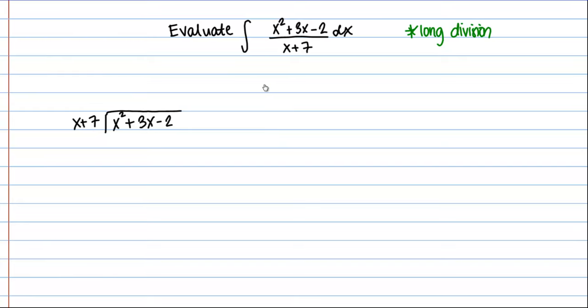Well, what I'm going to do is look at this x here and this x squared, and ask myself, how many times does x go into x squared? Or another way to think about it is x times what equals x squared? So the answer to that question is x. So I'm going to put an x right up here. Then my next step is to take what I just wrote up here, x in this case, and multiply it by x plus 7.